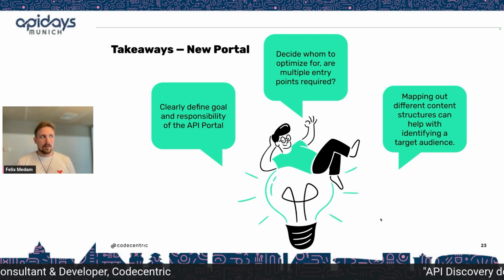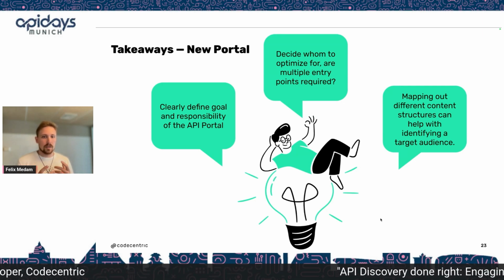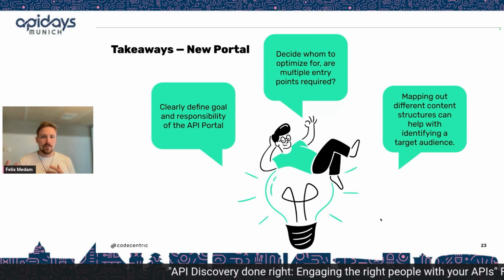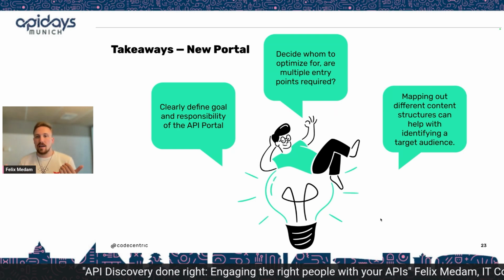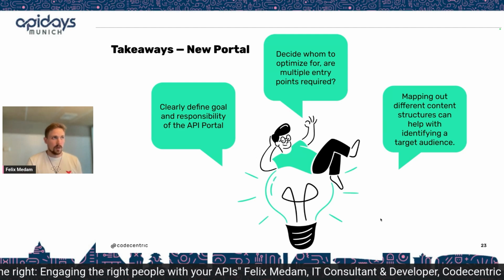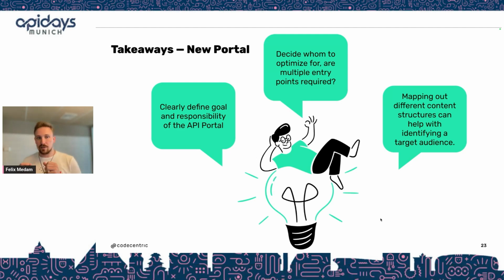And by mapping out different content structures, this can help you to identify what your actual target audience is, if you know what features you want to have before you know your audience.